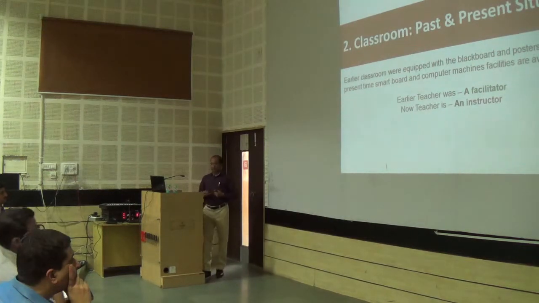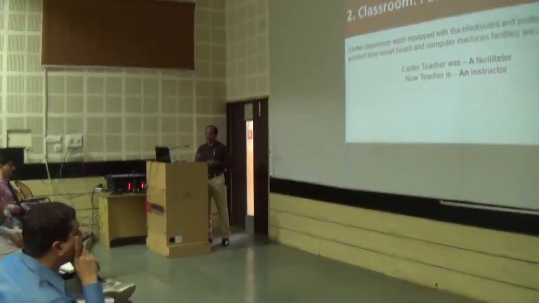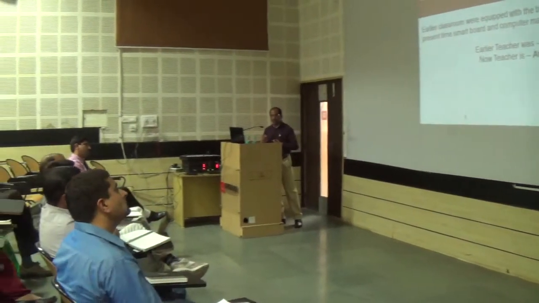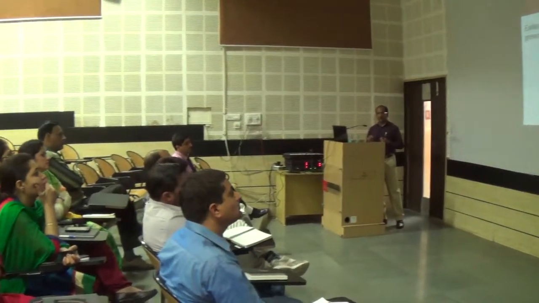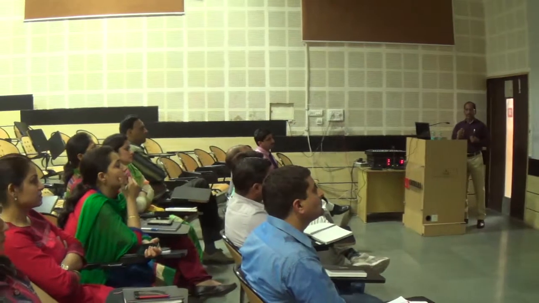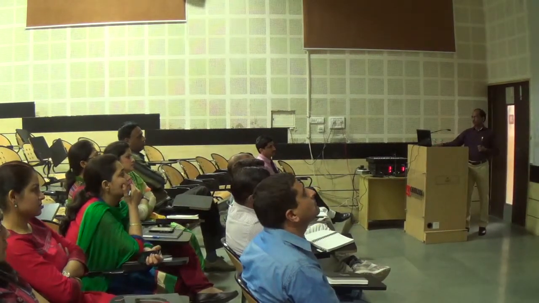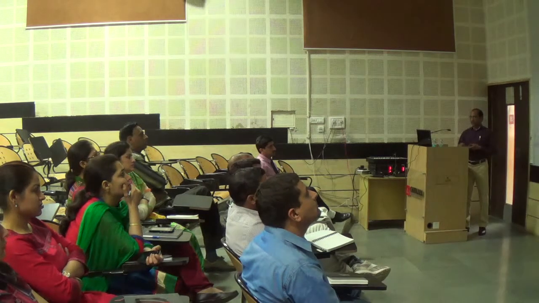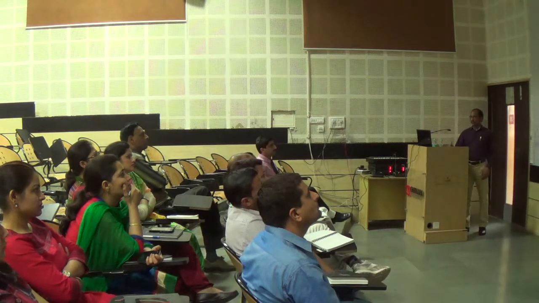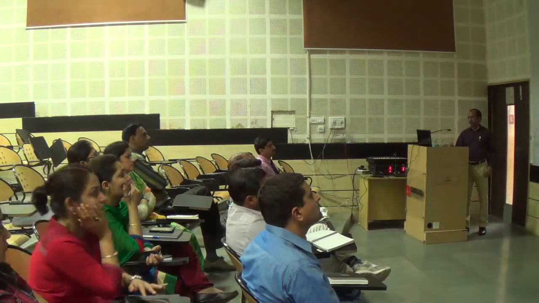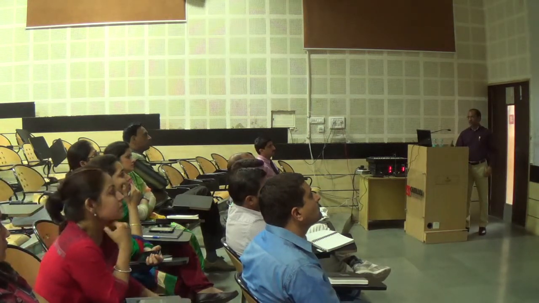Earlier, the classroom situation: earlier, the teacher was a facilitator. Now, the teacher is an instructor. This is the difference in the classroom. Here, you can see that this teacher takes a round in the classroom and observes the students, what they are doing.